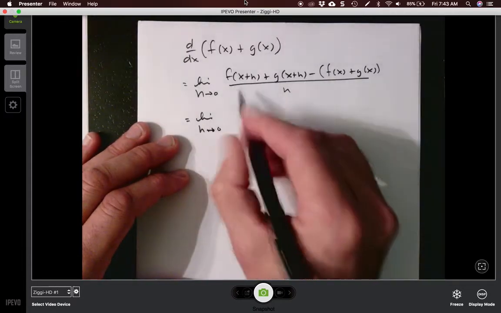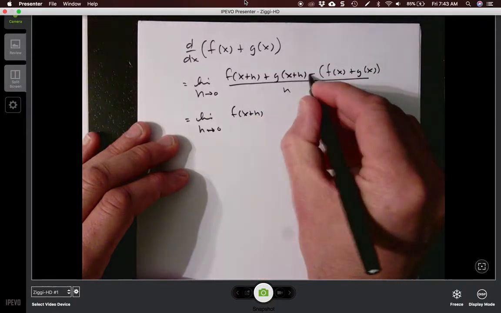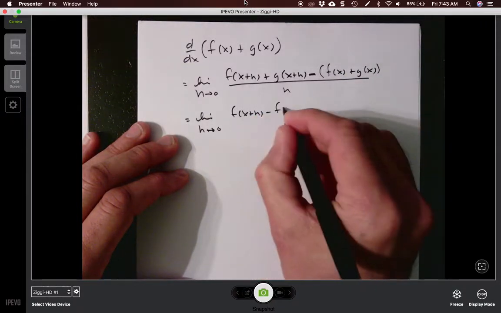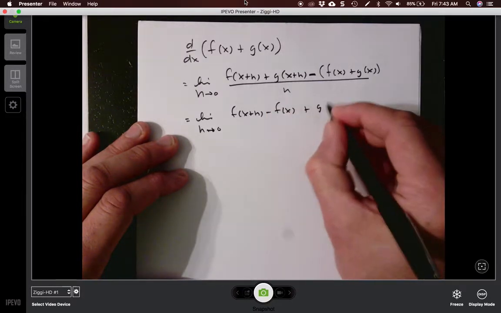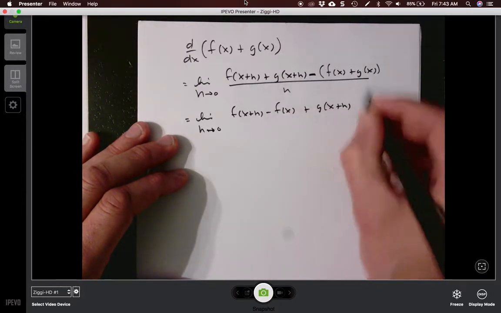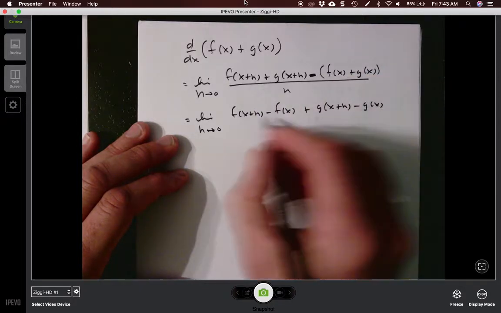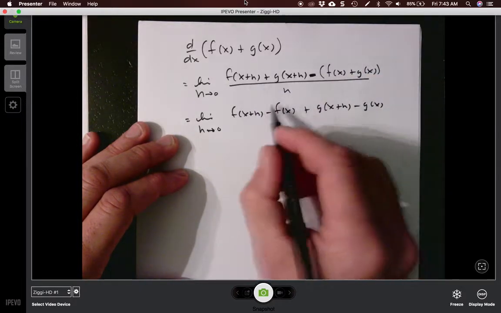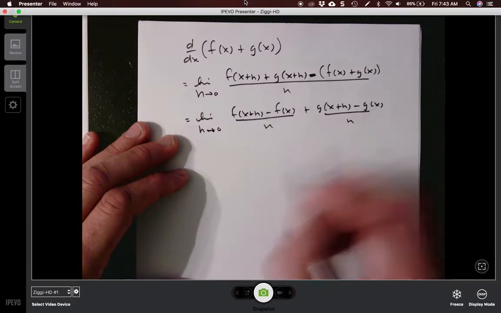I'm going to write this as f of x plus h, and then we've got a minus f of x over here, and then we've got plus g of x plus h, and then a minus g of x. Then I've got a common denominator of h, so I'm going to write that as divided by h and divided by h.